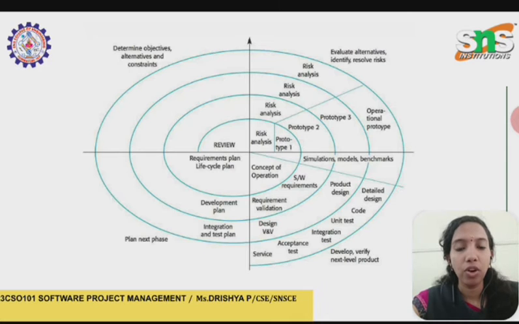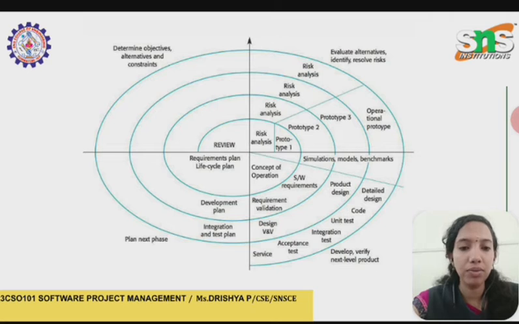So we are going to the structure of the spiral model. This is the structure of the spiral model. It looks like a spiral binding. The starting phase is requirement analysis, and next is risk analysis. Every area is related to risk analysis.